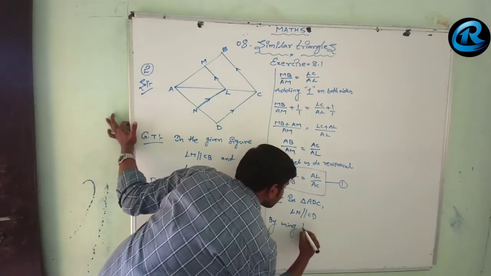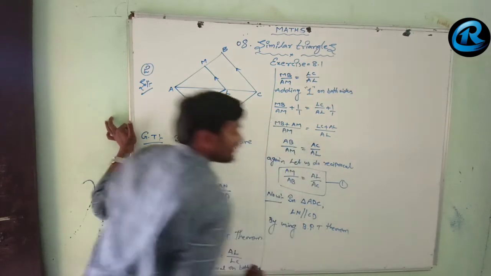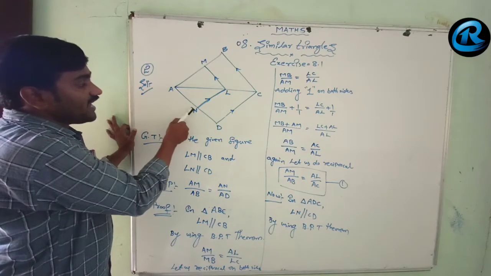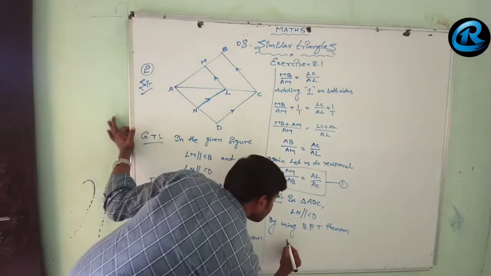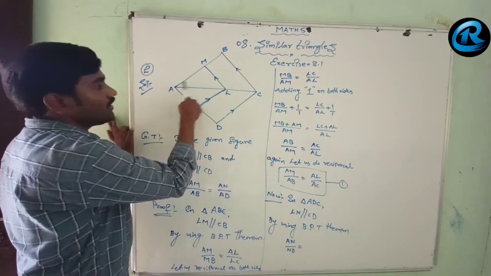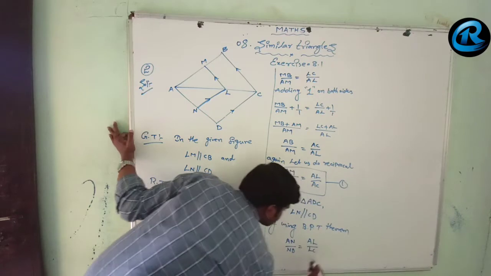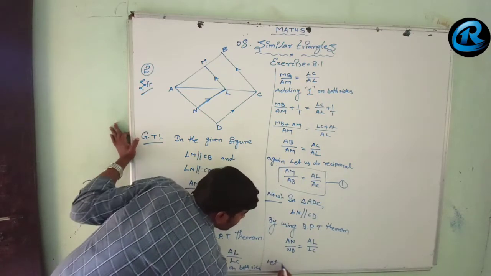By using BPT theorem, we can write that AN by ND is equal to AL by LC. Let us do the reciprocal again.